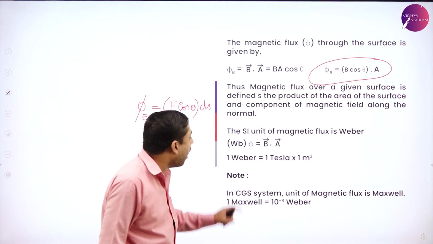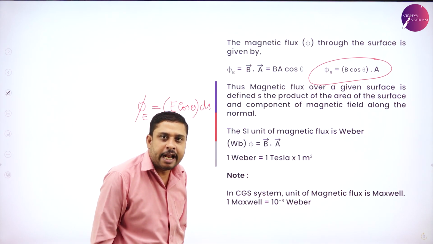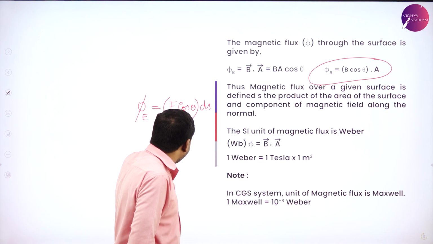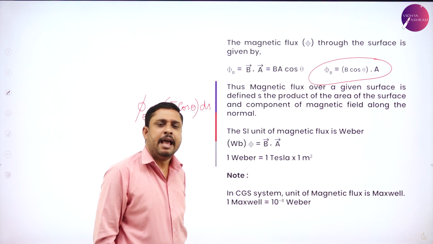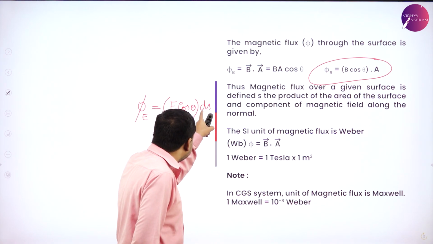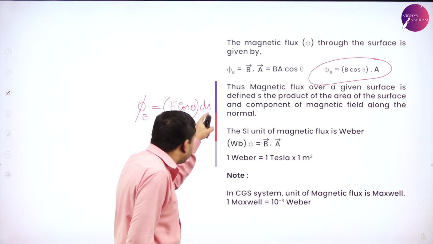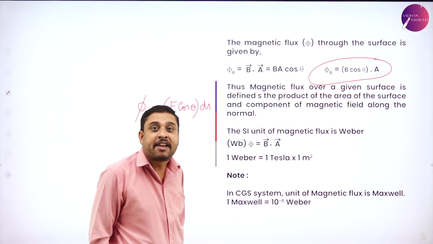What did we say about it? Product of component of electric intensity along the normal and the area of the element was called electric flux.